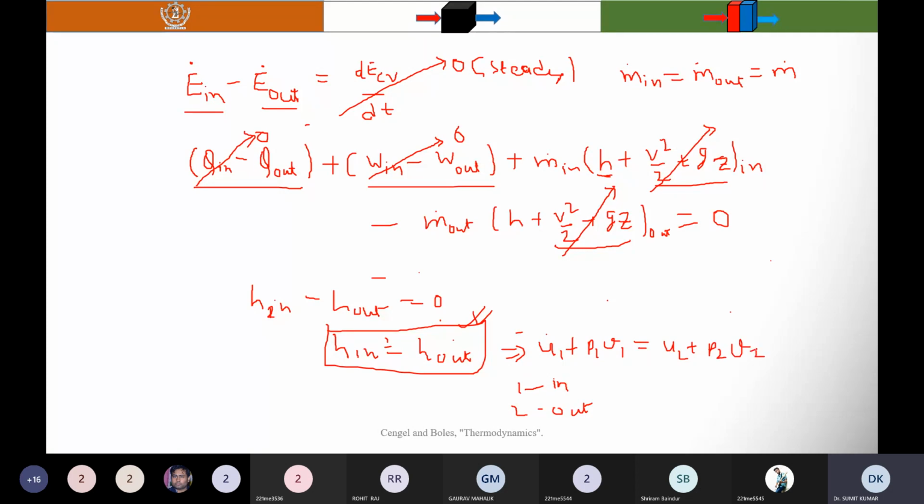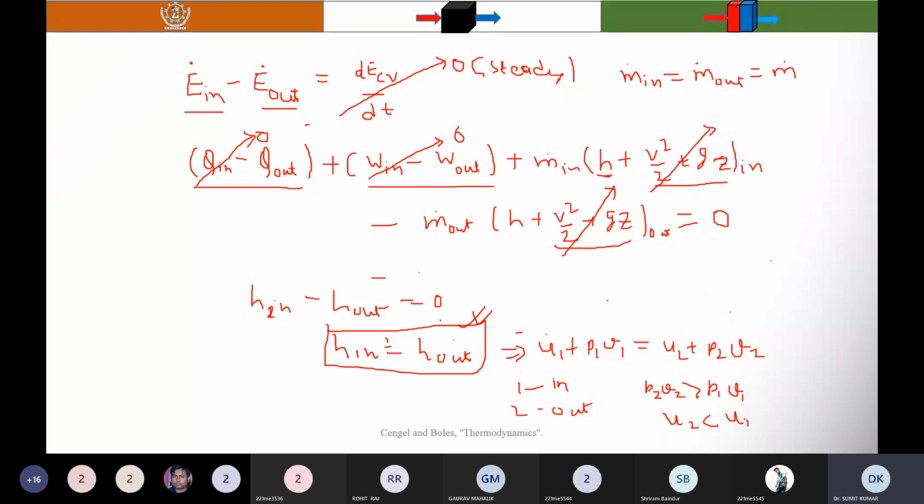When P2 V2 is greater than P1 V1, if one term is increasing, the other term may be decreasing. So U2 is less than U1.